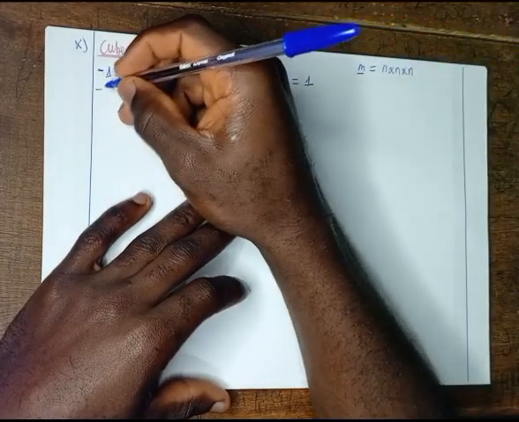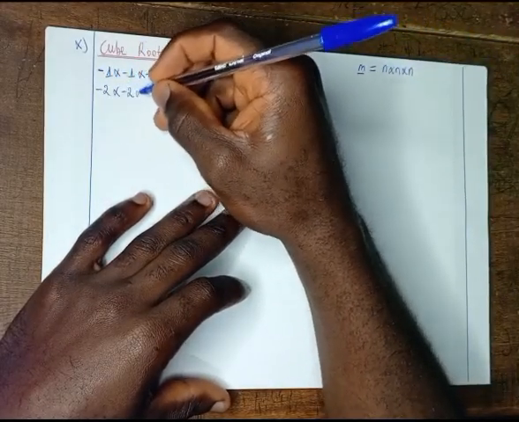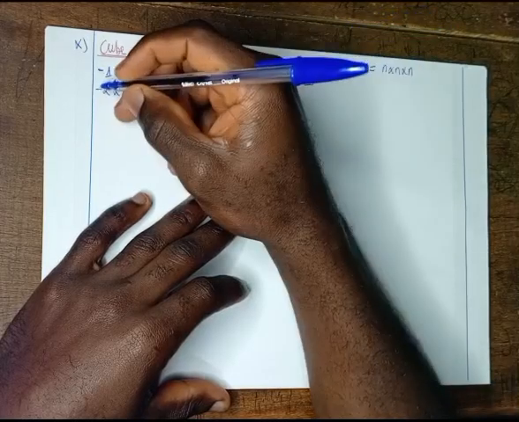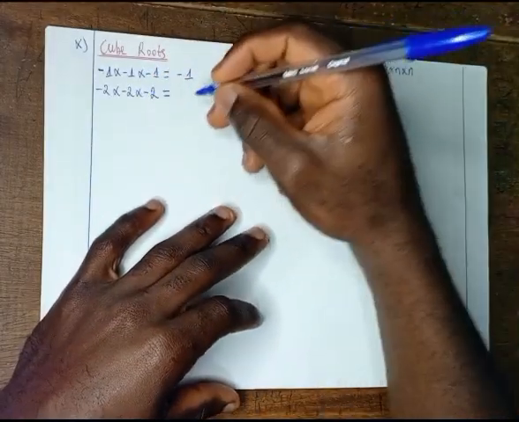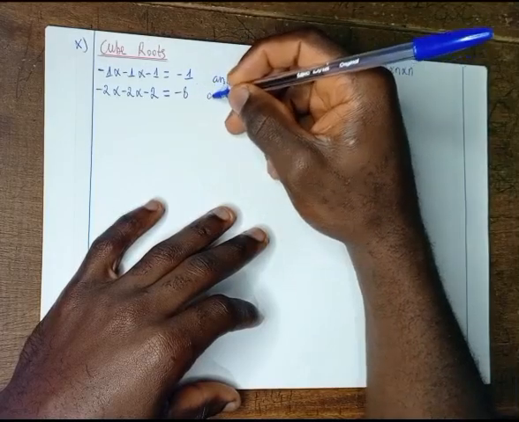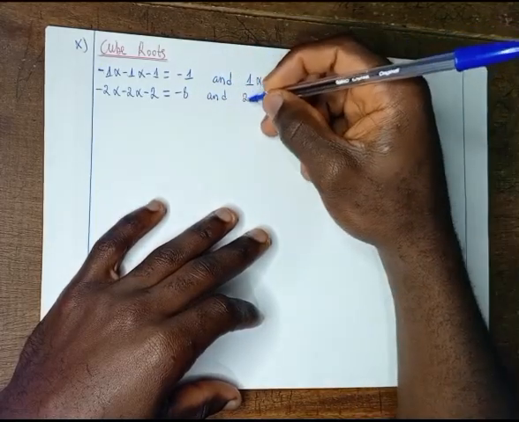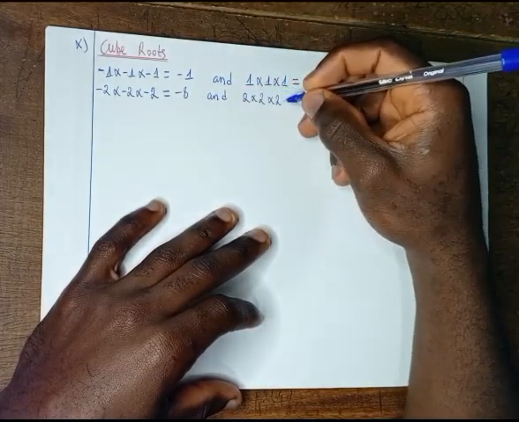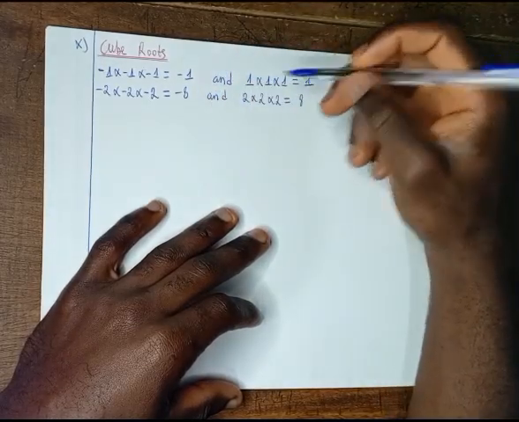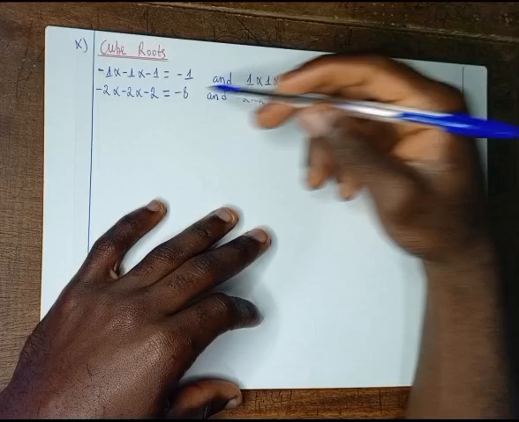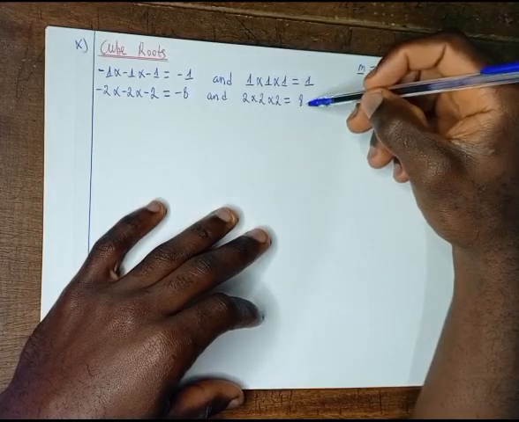If we take this other example, -2 times -2 times -2, -2 times -2 gives us +4. +4 times -2 gives us -8. And 2 times 2 times 2 is equal to 8. You can see the results are different.